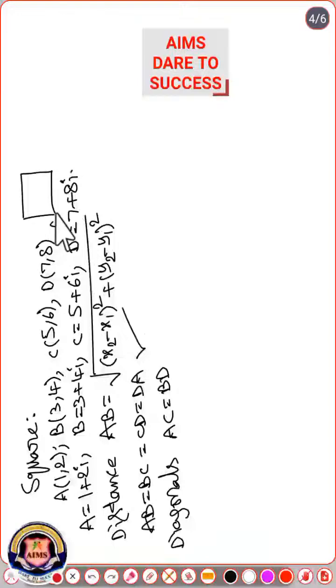Suppose you have A, B, C, D, the distance AB, BC, CD and DA must be equal. Next, diagonals AC and BD are also equal. Okay my dears.